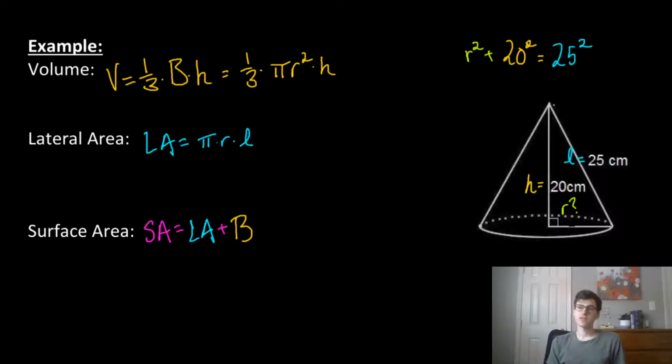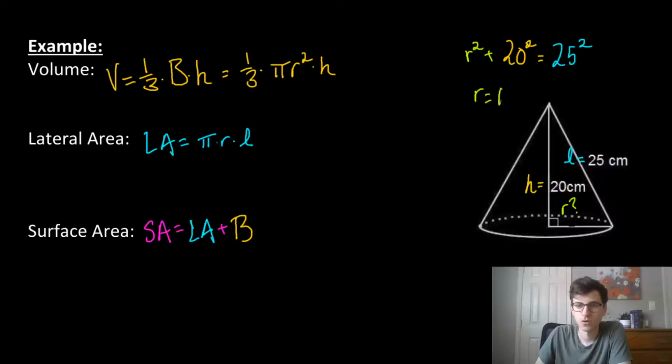Now we can solve this out, right? But maybe you notice that this is a 3, 4, 5 right triangle. So this is 4 times 5. This is 5 times 5, meaning my radius will be 3 times 5, or 15.